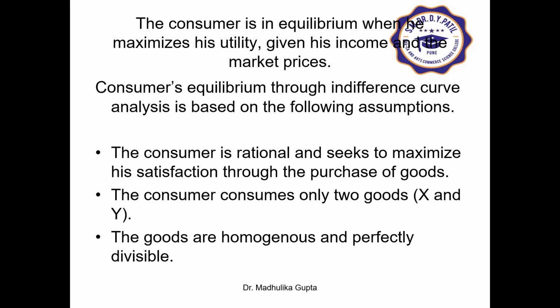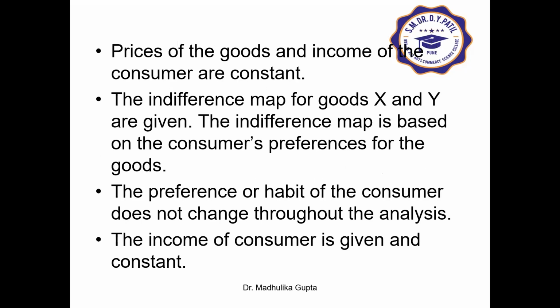The prices of the goods and income of the consumer are constant. The indifference map for goods X and Y is given, and it is based on consumer preference for the goods. The habits of the consumer do not change throughout the analysis. And of course, the income of the consumer should be constant. So these are a few of the assumptions, right?